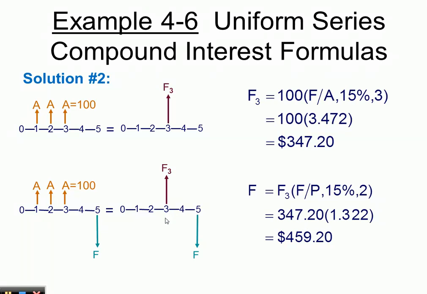And so the 3 would be the new 0, the 4 would be the new 1, and the 5 would be the new 2. So now, if you look up the discount factor F given P, that's on the 15% page in row 2, that's what we will find. And then plugging it in together, we'll get $459.20, exactly the same as solution 1.